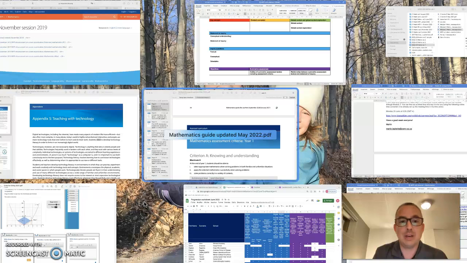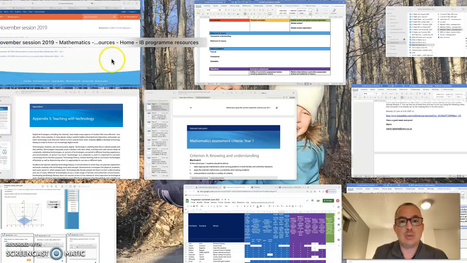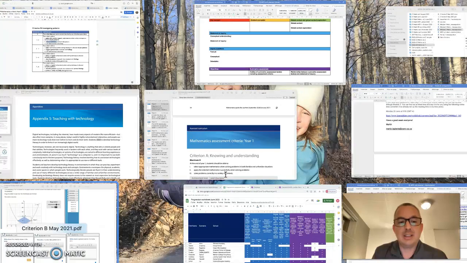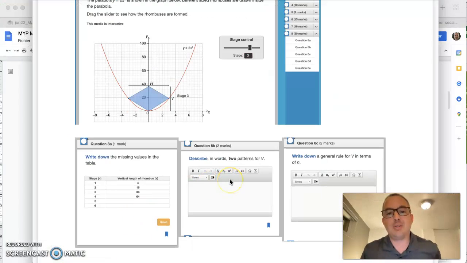If I go back to my criterion B, which is right here, then you see that you can state predictions. So I am allowing the students to have the 1-2 level. If I go back to here, we can describe the patterns. So they can describe in words what's happening.